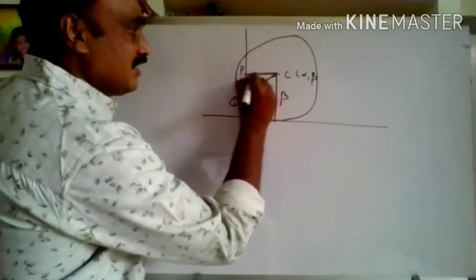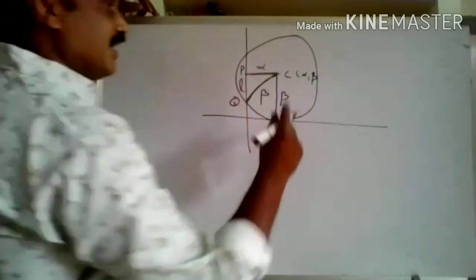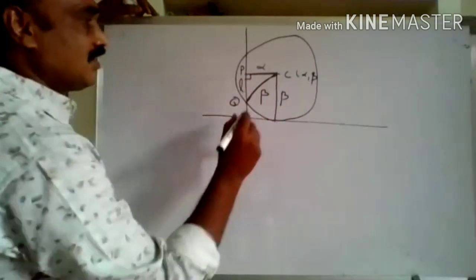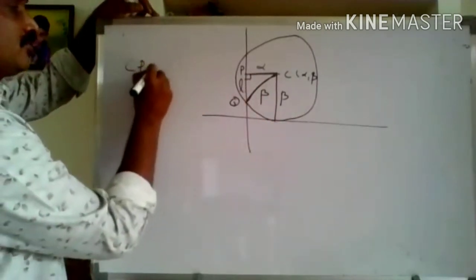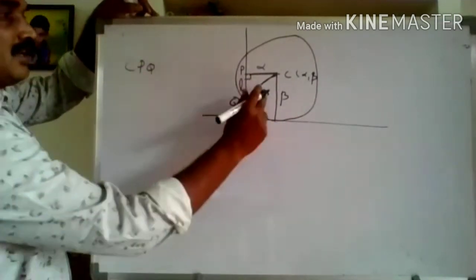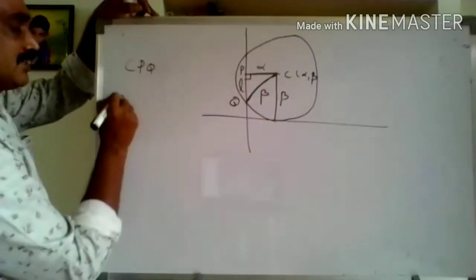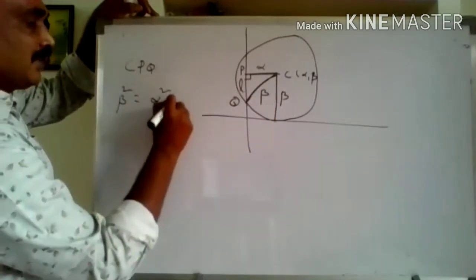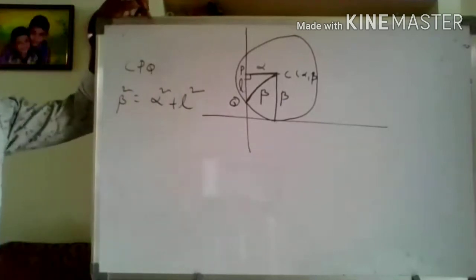This is the x coordinate, alpha. The center is (alpha, beta). Here the angle is 90 degrees. From triangle CPQ, apply Pythagoras theorem. This is the hypotenuse: beta square is equal to alpha square plus L square.